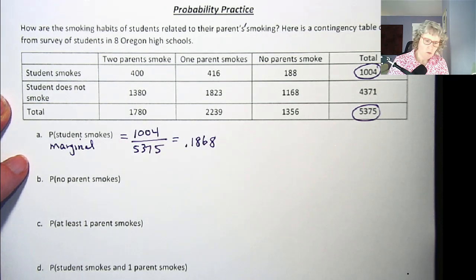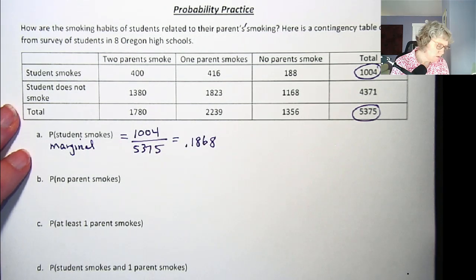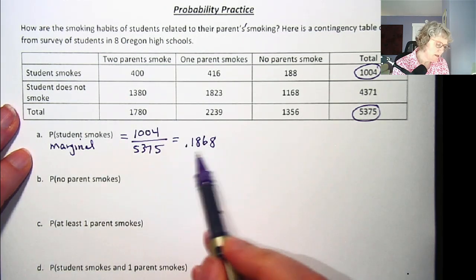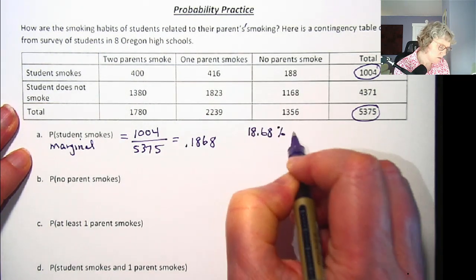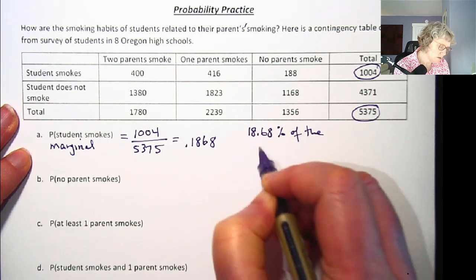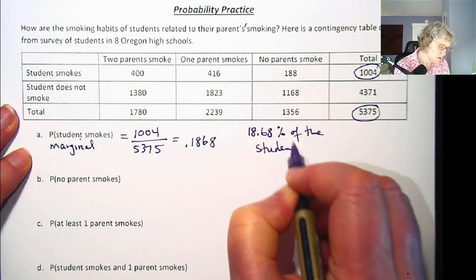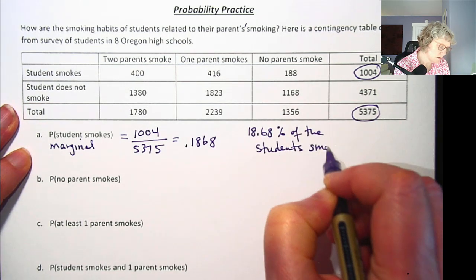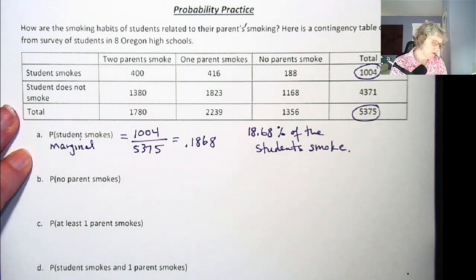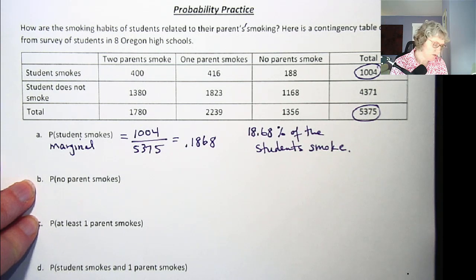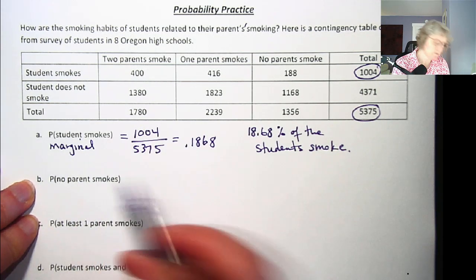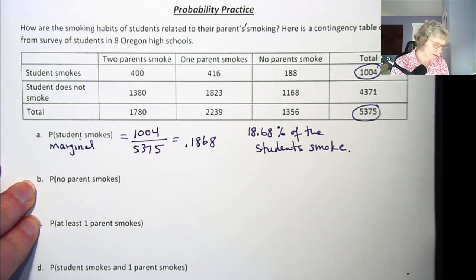So if one of the students was selected at random, 18.68% of the students smoke. Now, I'm also not sure if this is just smoking cigarettes or if it's smoking other things. Don't have the full context on this, unfortunately.